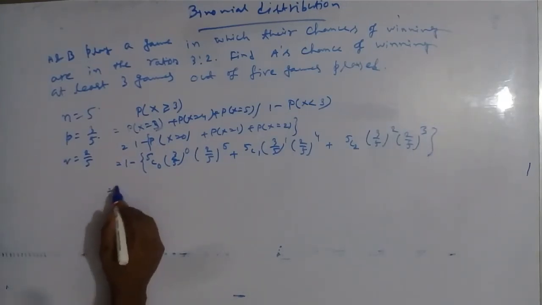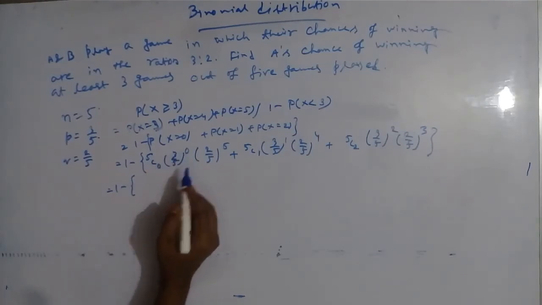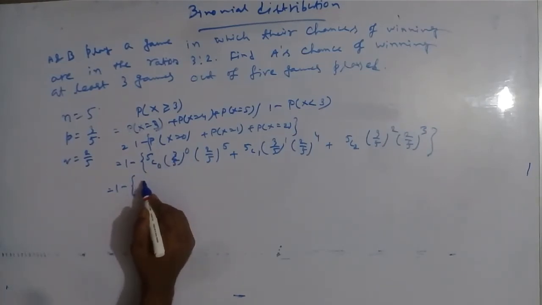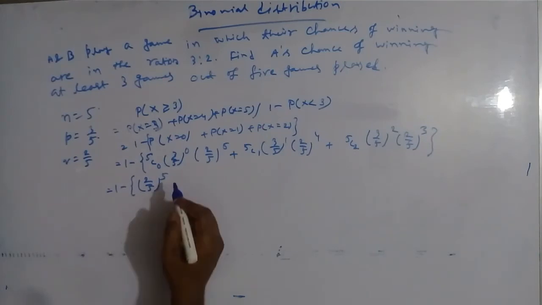So 5C0 is 1, 3 by 5 to the power 0 is 1, and 2 by 5 to the power 5, I am not simplifying this, let it remain like this.